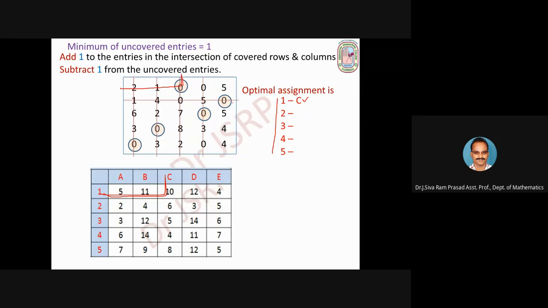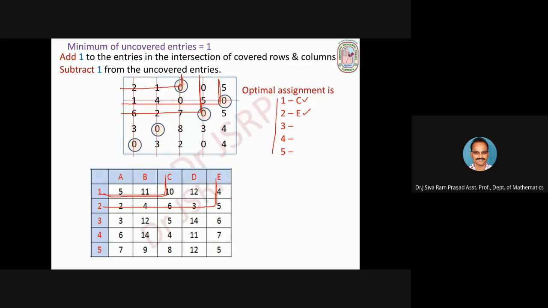Next, this entry is 2, 5. That is, mission 2 is assigned to job E. Next, third row and fourth column.